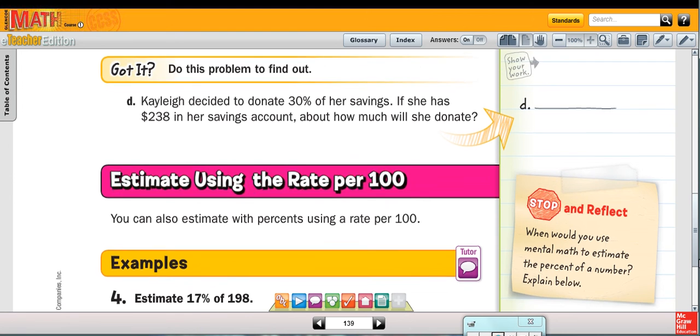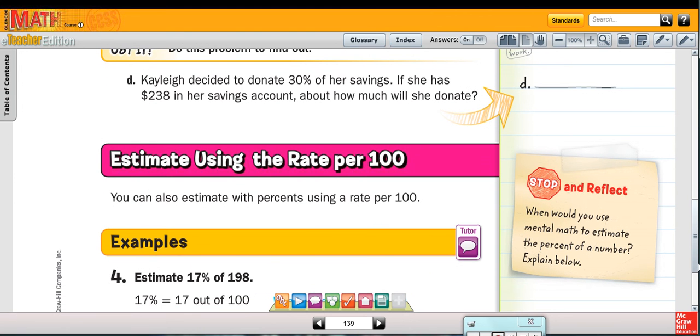Kaylee decided to donate 30% of her savings. If she has $238 in savings, how much will she donate? So she's going to donate 30% of what? Of 238. We're going to keep this at 30%. 238 we could go to what? 240 maybe is closer.